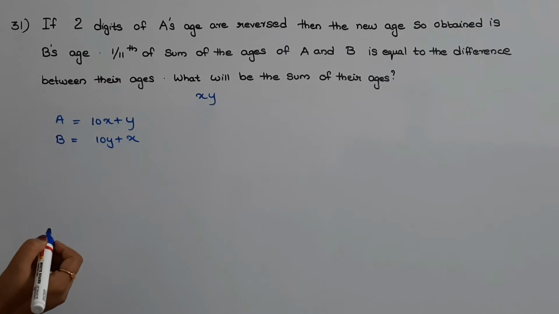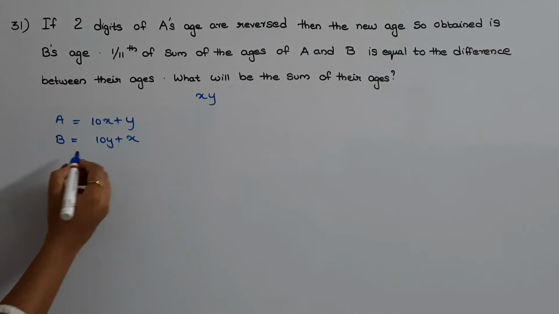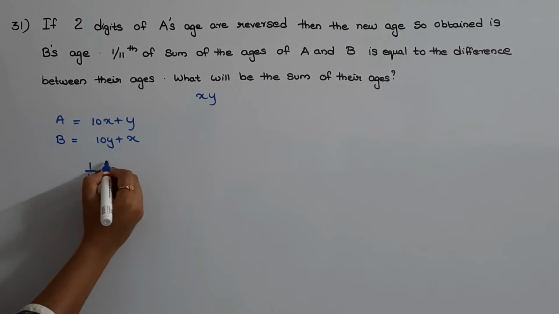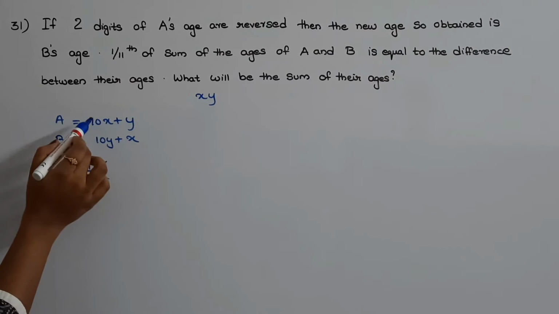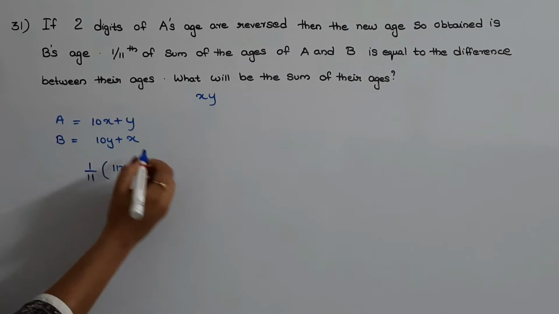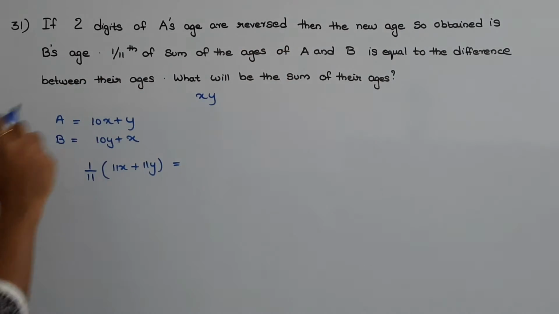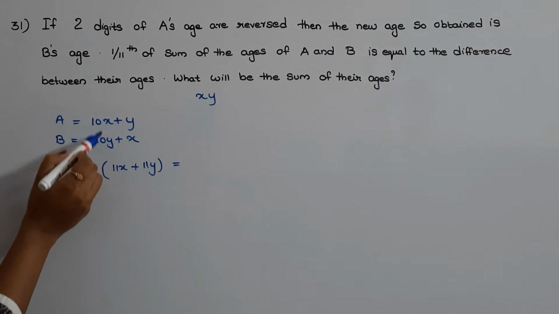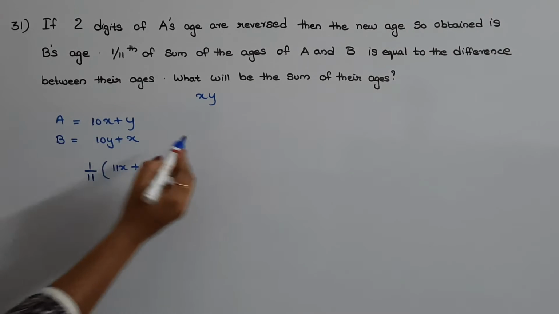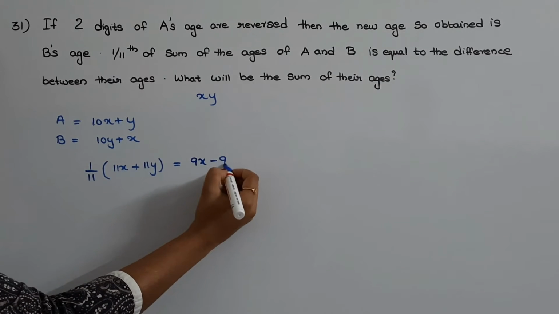Okay. Then they are telling that 1/11th of the sum of their ages will be 10x plus x is 11x and 10y plus y is 11y, is equal to the difference in their ages. So what will be the difference of these both? That is 10x minus x is 9x and y minus 10y is minus 9y.